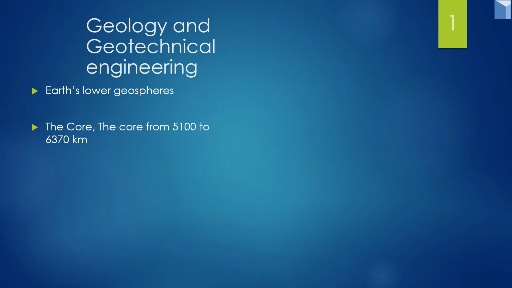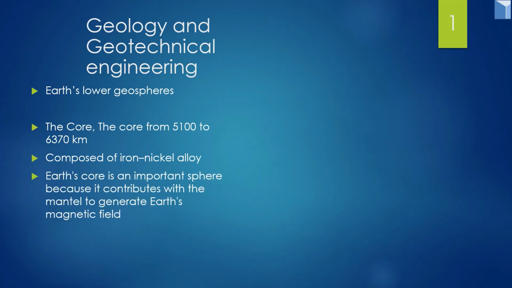The core of the Earth extends from 5,100 to 6,370 kilometers and is composed of an iron-nickel alloy under high pressure and temperature, and the temperature measured at the core of the Earth is equivalent to the temperature at the surface of the Sun, which has been measured around 5.6 thousand degrees centigrade. The Earth core is an important sphere because it contributes with the mantle of the Earth to generate the Earth magnetic field.